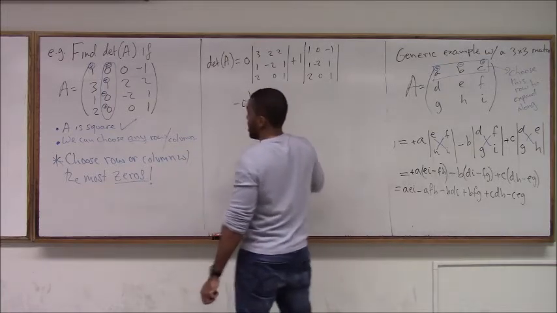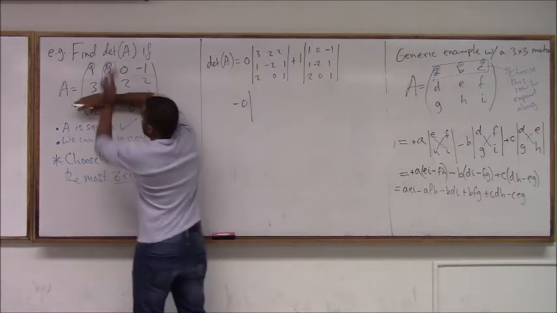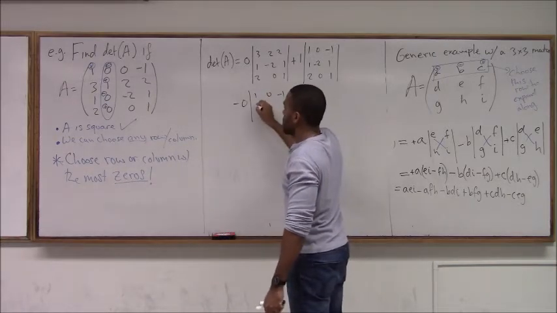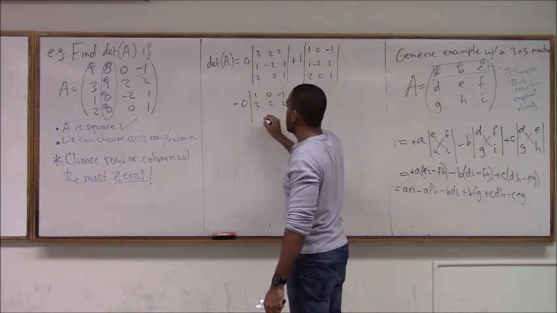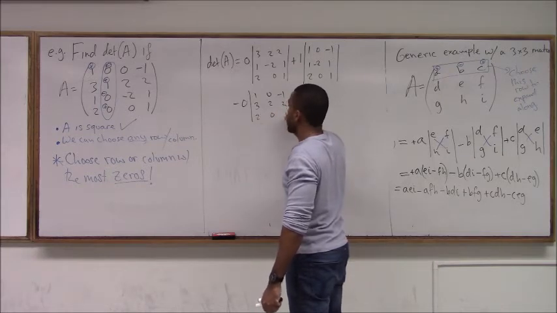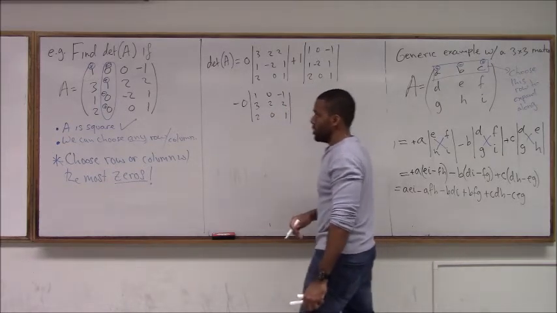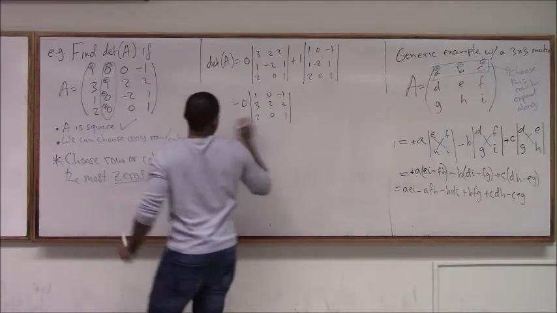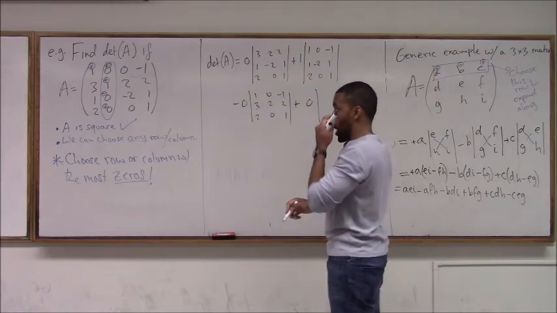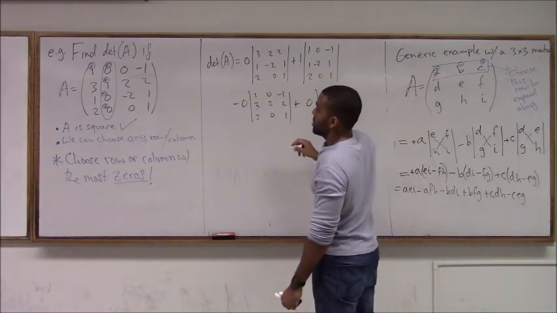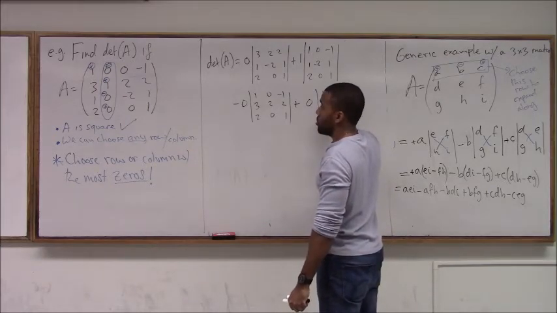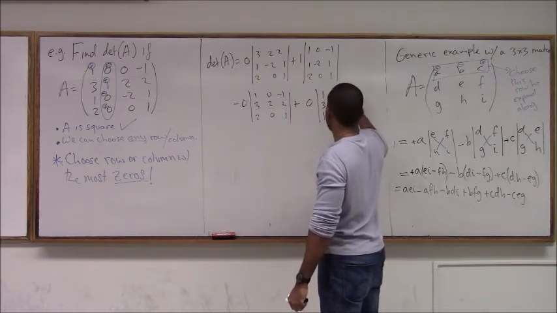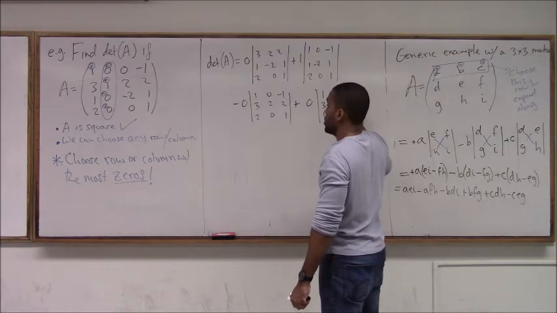Minus 0 times, block out everyone in his row and his column. It's going to be 1, 0, minus 1, 3, 2, 2, 2, 0, 1. Then you go to the last guy in that column. Block out everyone in his row and his column, so that's going to be plus 0 times 1, 3, 1, 0, 2, minus 2, minus 1, 2.